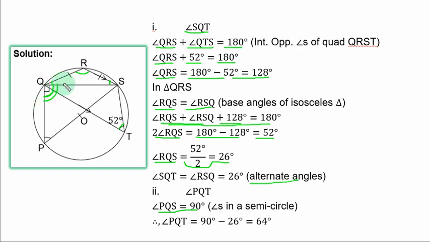Now this angle is already 26 and the whole angle is 90. It means this remaining part is 90 minus 26 degrees. So therefore angle PQT is 90 degrees minus 26 degrees, and that is 64 degrees.